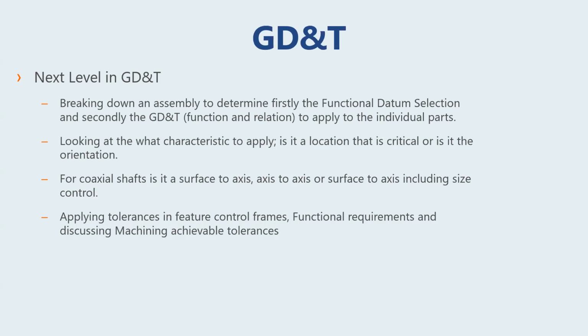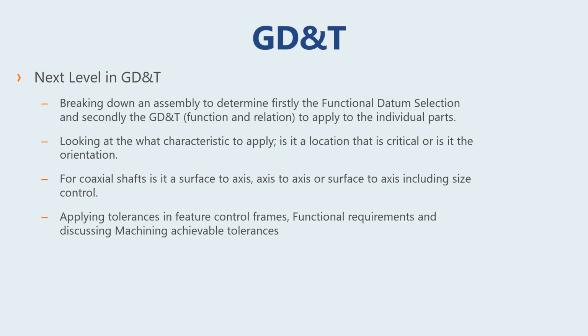Is it also taking a look at machining achievable tolerances? What is an achievable tolerance that you can expect for a CNC machine to be able to hit every time? And then balancing the true function and relationship that you need to meet your design intent to what is realistic from machining and seeing how they line up.